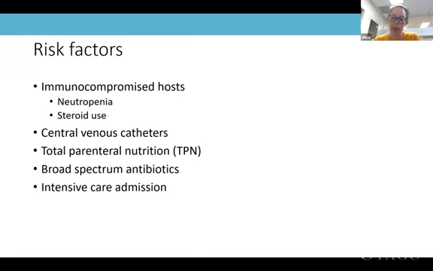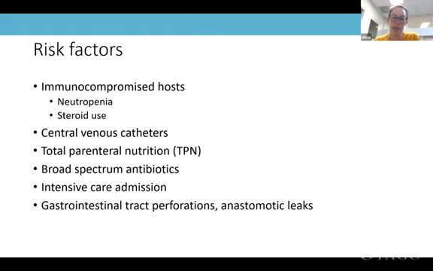People who are in ICU, and that's probably because if you're in ICU, you're much more likely to have a central line in, to be on TPN, to have broad spectrum antibiotics or any of these other risk factors, but also just because they're particularly sick. The other one is if you've had some kind of perforation or leak of your gastrointestinal system.